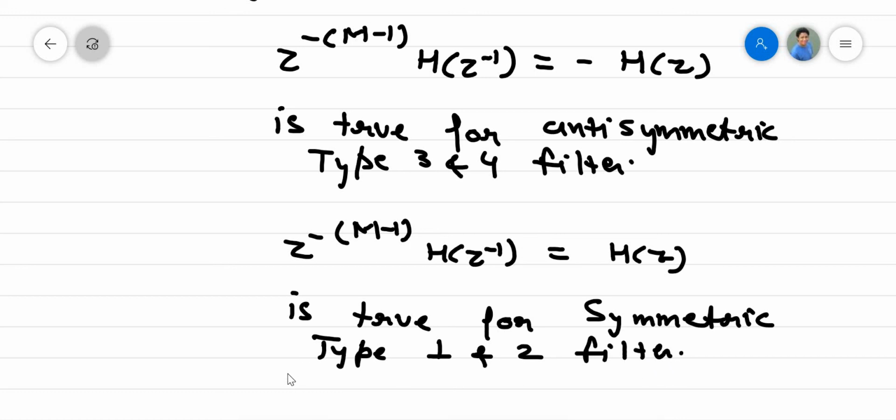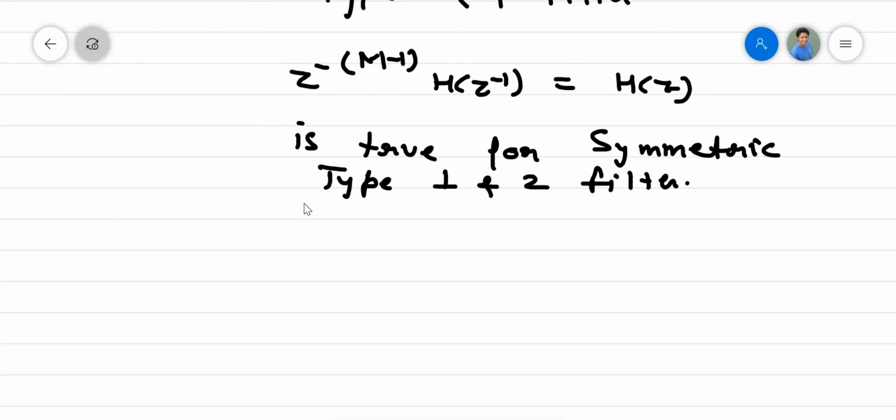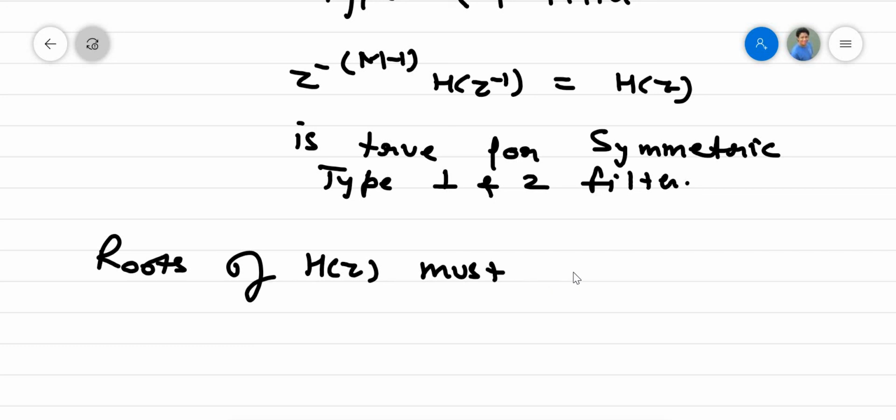Now what does this property signify? This property tells that the roots of H of Z inverse and H of Z are identical, and that means the roots of H of Z must exist in reciprocal pairs.